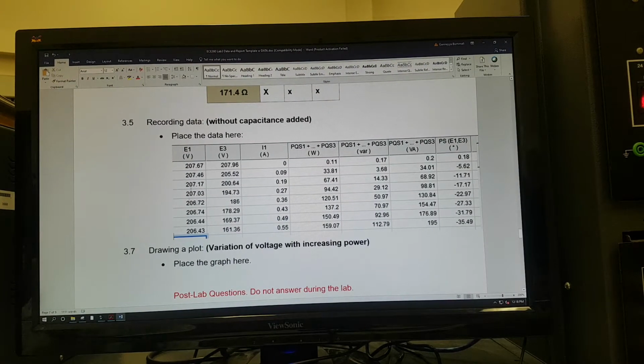Basically, the input voltage and the output voltage at no load should be the same, but it is decreasing as we increase the load. And also there is the current. Generally, we represent load with current: as we increase the load, the current also increases.